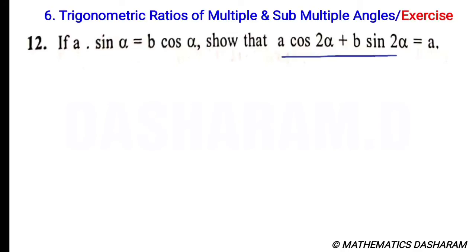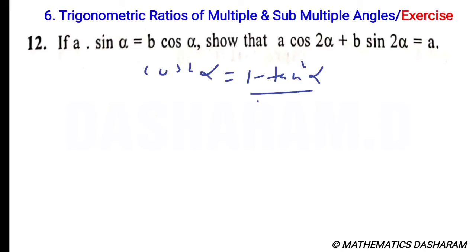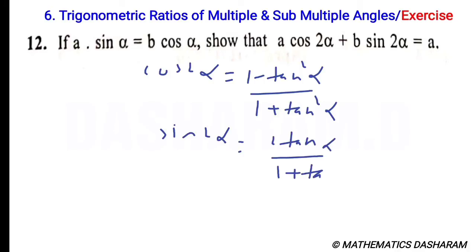So first in the LHS we have two formulas. One is cos 2 alpha, which is 1 minus tan square alpha by 1 plus tan square alpha. Next is the sin 2 alpha formula, 2 tan alpha divided by 1 plus tan square alpha. In both formulas we require tan alpha.